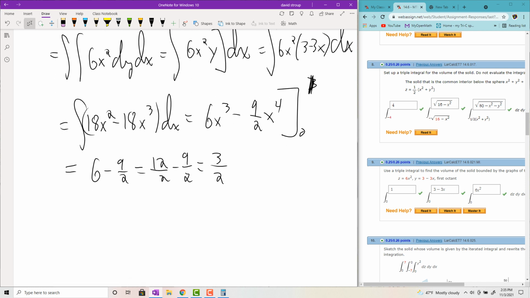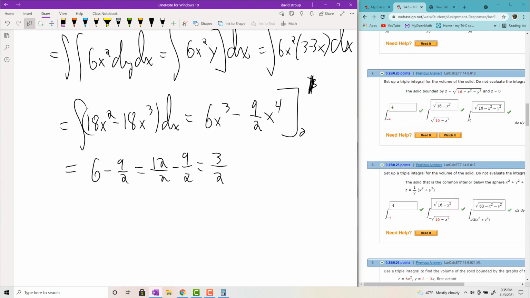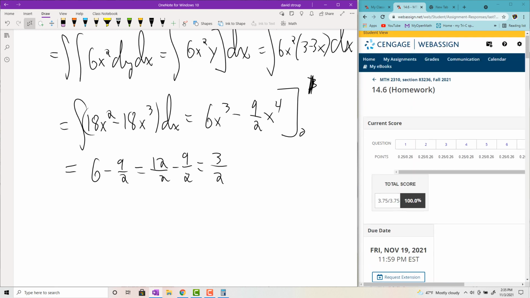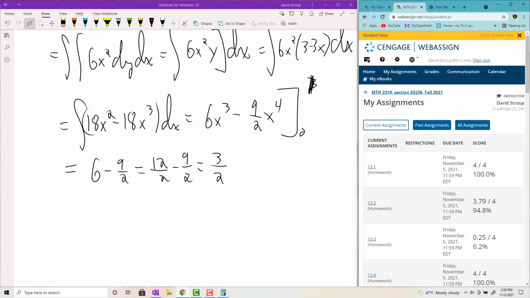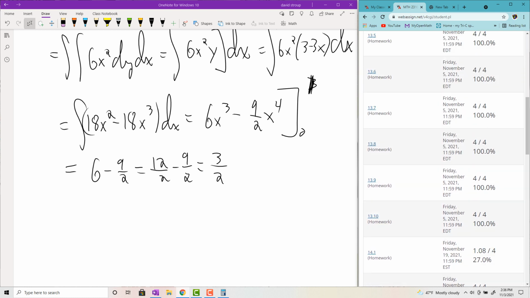Next section then, I'm thinking 14.7, and those were triple integrals in cylindrical coordinates and spherical coordinates. Of course, I'm not doing any spherical coordinates on my test. I'll just do plainly the cylindrical. Let's look at 14.7.